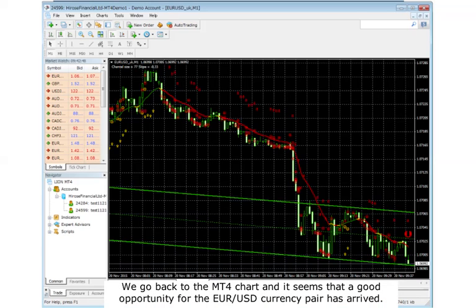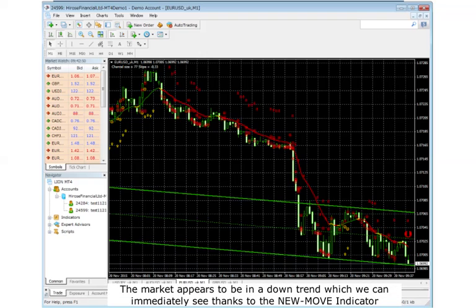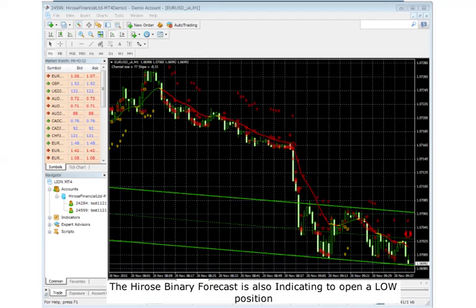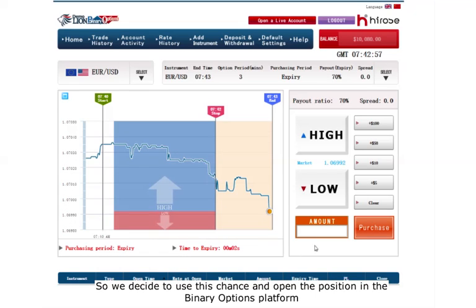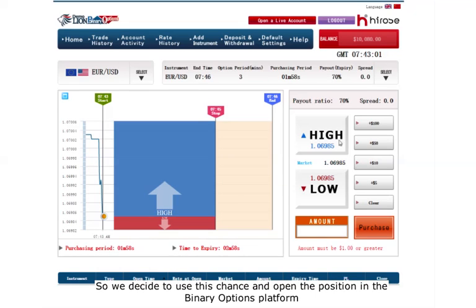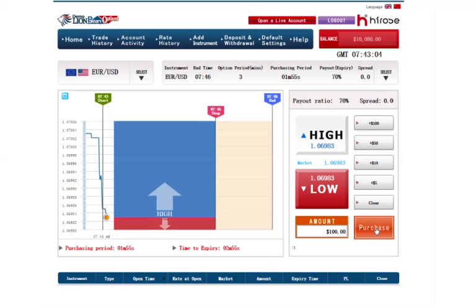We go back to the MT4 chart and it seems that a good opportunity for the US dollar currency pair has arrived. The market appears to be in a downtrend, which we can immediately see thanks to the new move indicator. The Hirose Binary Forecast is also indicating to open a low position, so we decide to use this chance and open the position in the binary options platform.